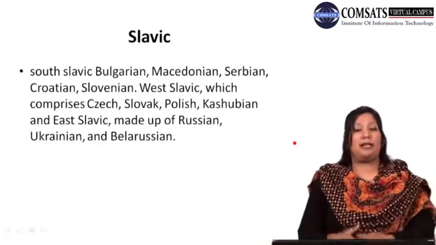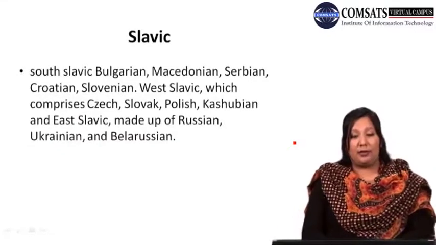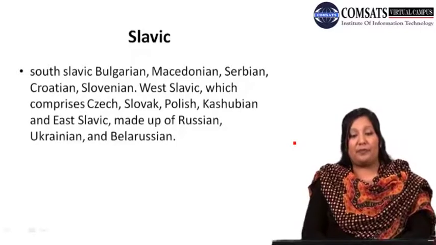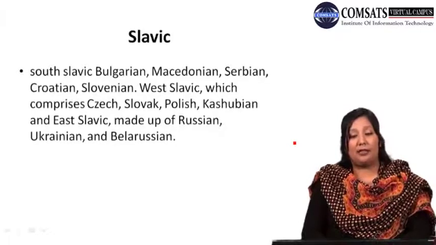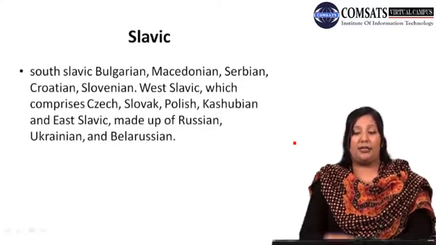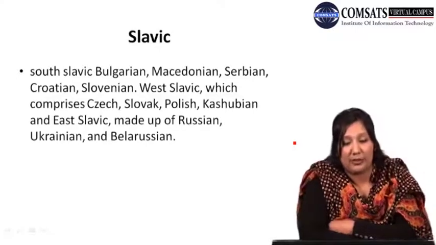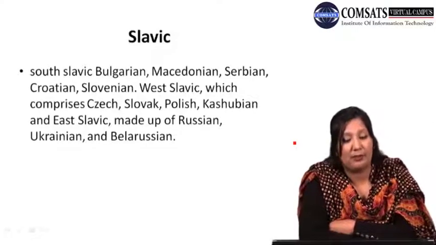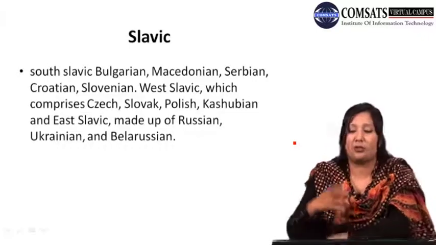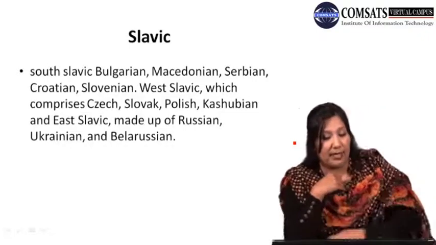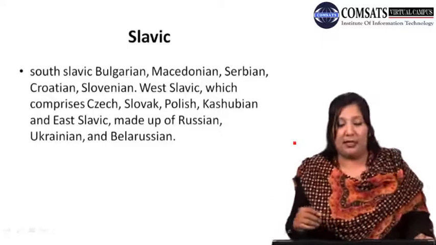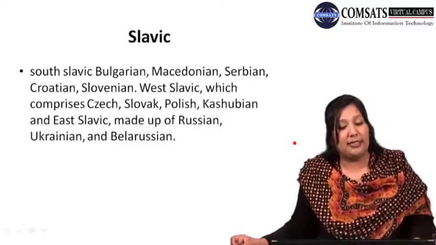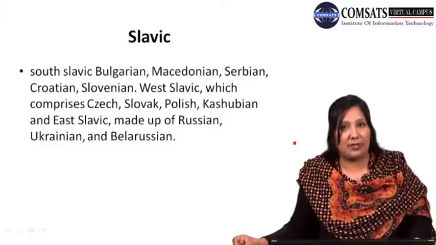Now comes the next branch of the family languages, that is Slavic. South Slavic: Bulgarian, Macedonian, Serbian, Croatian and Slovenian. West Slavic, which comprises Czech, Slovak, Polish and Hungarian, and East Slavic, made up of Russian, Ukrainian and Belarusian. These are different sub branches of the Slavic language.